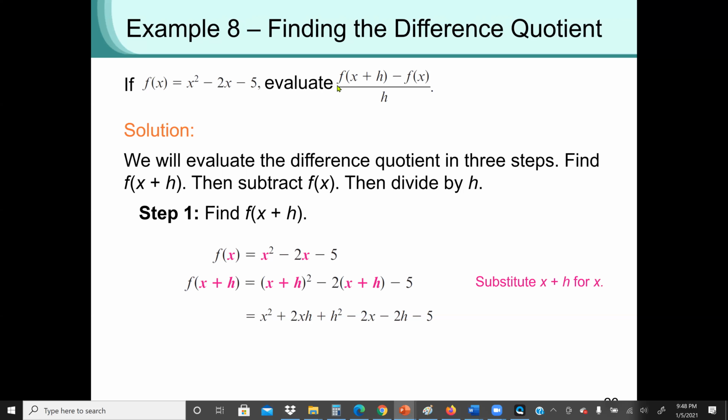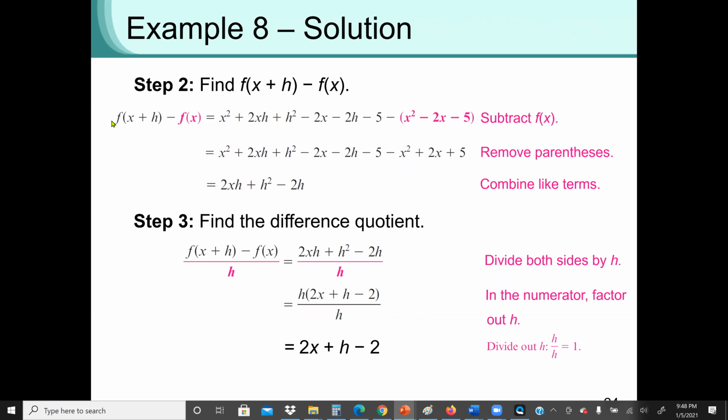The formula is f at x plus h minus f at x, divided by h. So I'm going to subtract the value I have here for f at x plus h, minus the answer for f at x. Then we divide by h. We are using the formula here.